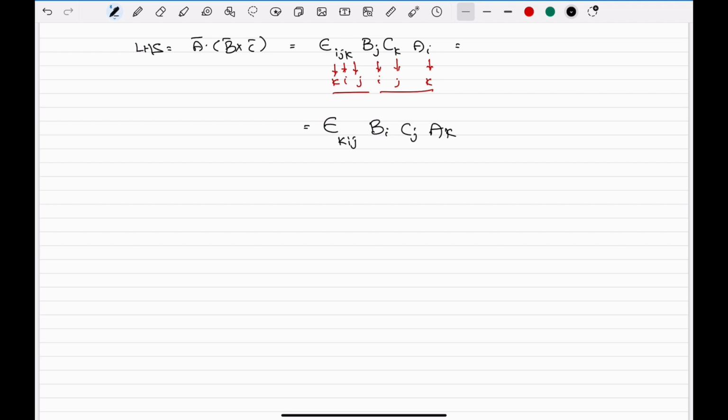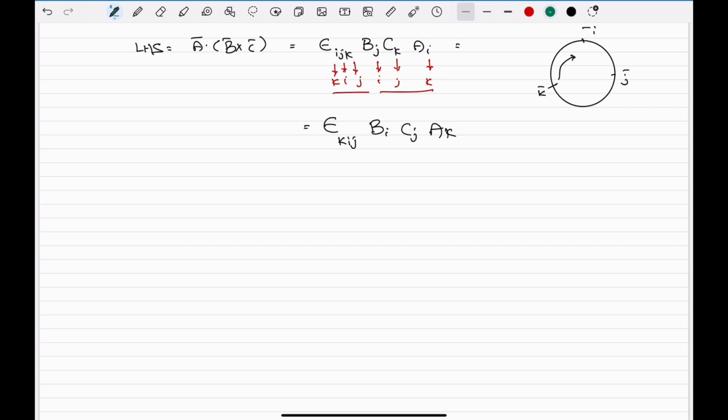Please understand, we have only changed the order so that the positive sign is not disturbed, and the order is changed for both the epsilon and also for the vector. This is i, this is j, this is k. We have only changed the order. I we made it as k, so that it is positive. Kij we made it this way.